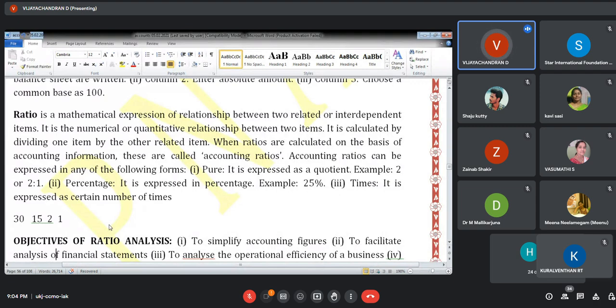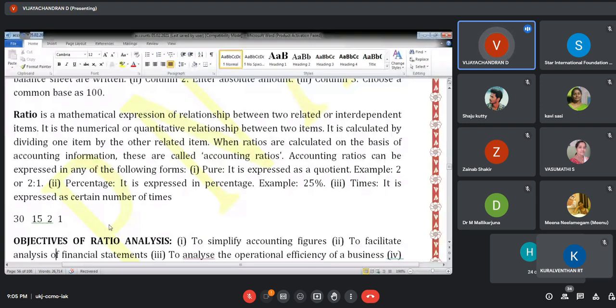And solvency ratio, I am asking debt equity ratio or capital gearing ratio. Every solvency ratio may be short-term solvency, current ratio, liquidity ratio, absolute cash ratio, or long-term solvency, debt equity ratio, proprietary fund ratio, capital gearing ratio.